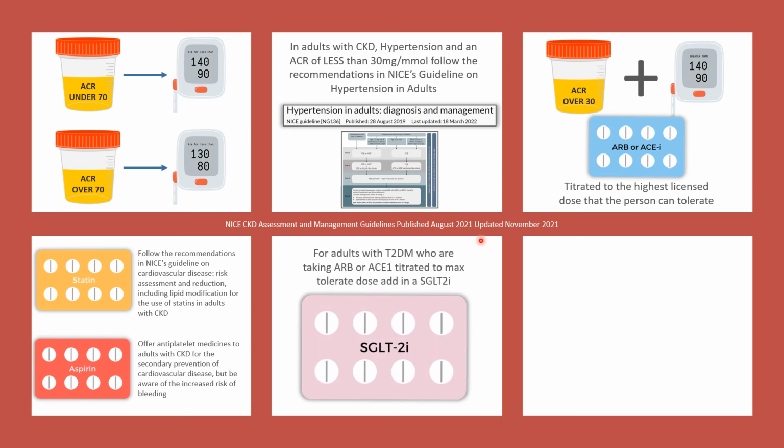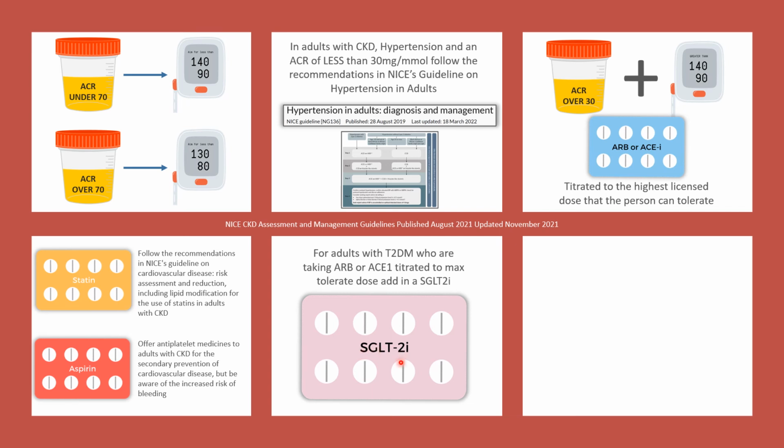If we've got an adult with type 2 diabetes and they're on an ARB or an ACE inhibitor that has been titrated to the maximum tolerated dose, then they recommend adding in this particular class of drug.